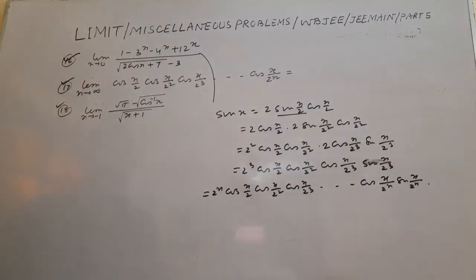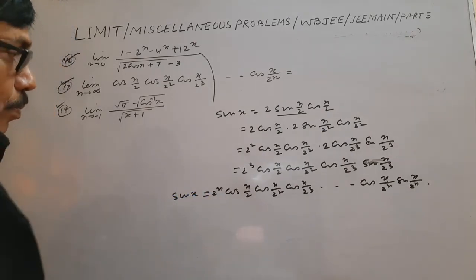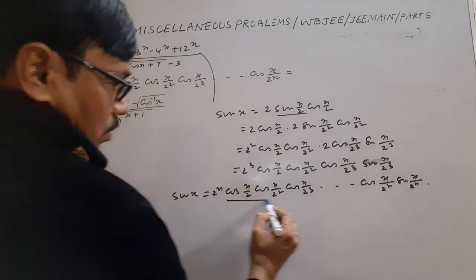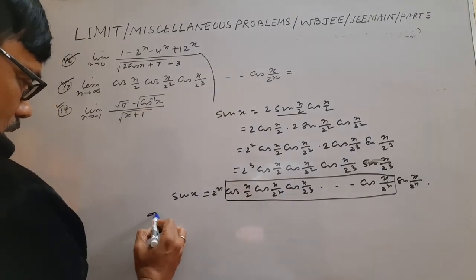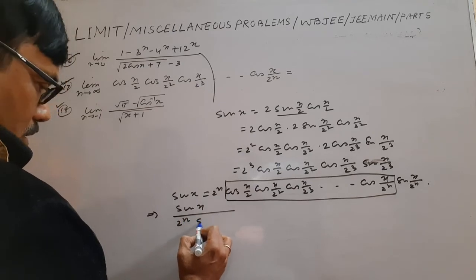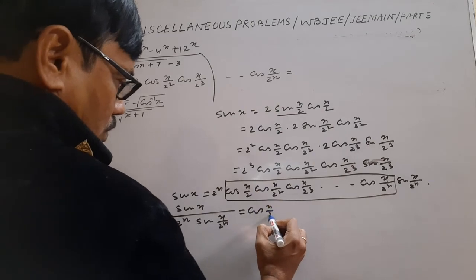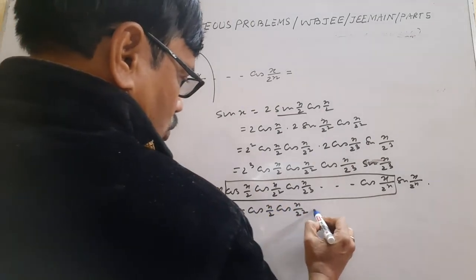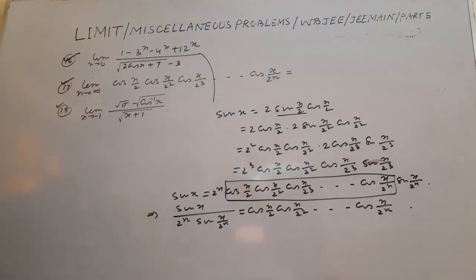So this is a well-known result. So sin x divided by 2 to the power n sin(x/2 to the power n) equals cos(x/2) cos(x/2 squared) up to cos(x/2 to the power n). This is a result of trigonometry.